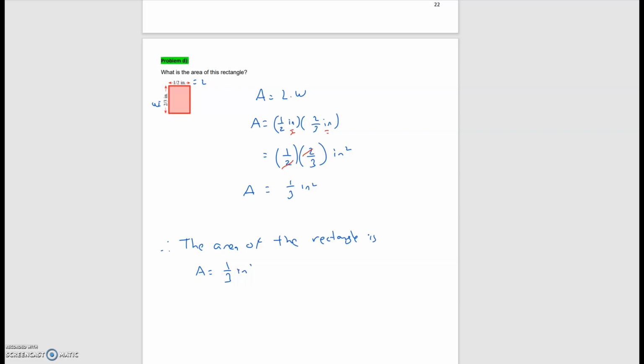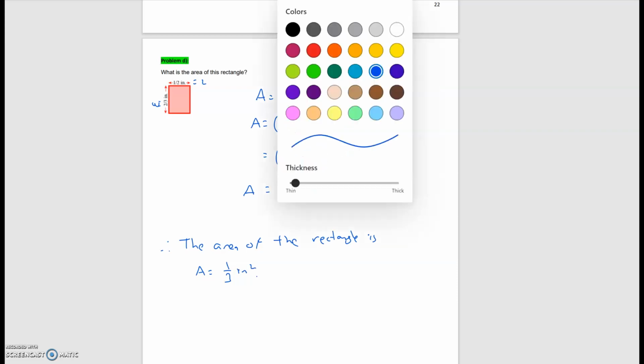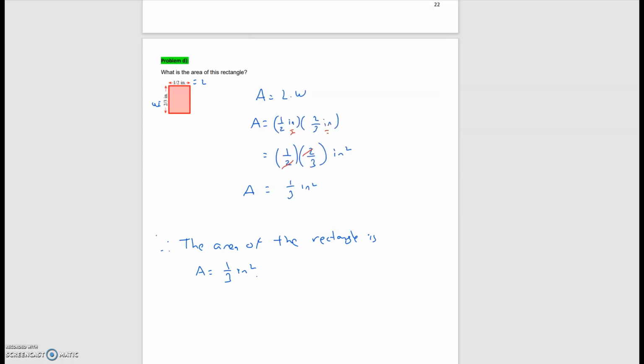So 1/3 inches squared. That's actually it for this one. And remember that all of your answers need to be expressed with a sentence and also with the proper units.